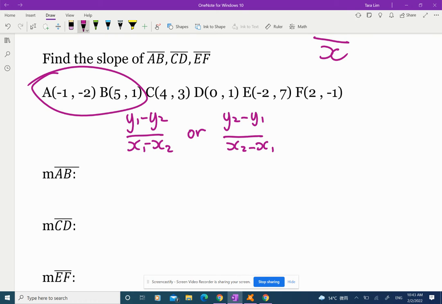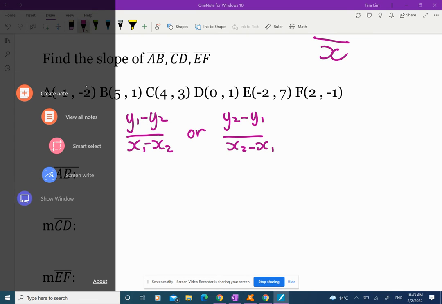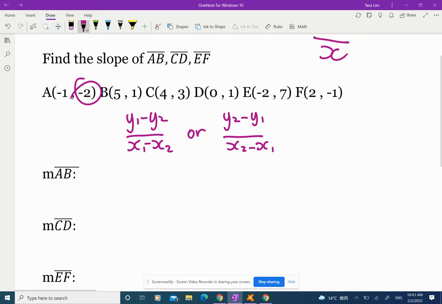Again, we're focusing on these 2 points only. So let's try using this one. So y1 minus y2. So here, we need to determine which ones are y and which ones are x. So these two are y. So we have y1 is negative 2. So negative 2 minus 1 is negative 3.